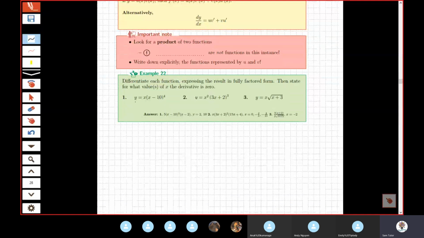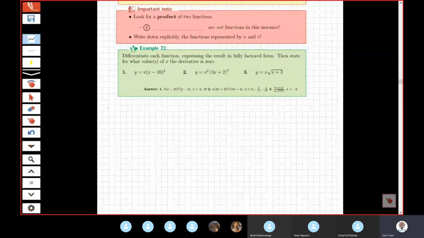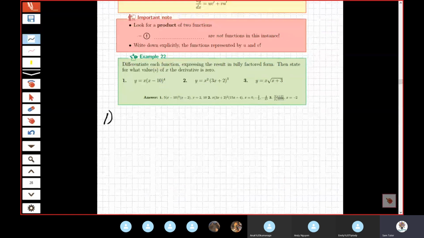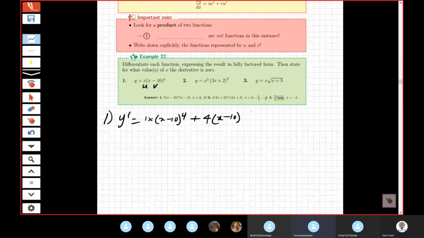Now you're going to do question 1. u v, using the product rule. It would be 1 times x minus 10, and then plus 4, and then x minus 10 to the power 3, plus 1 times 1.